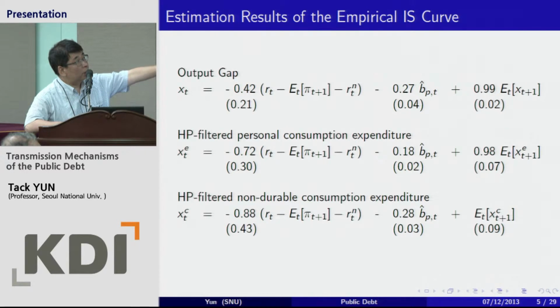And for non-durable consumption expenditure, in the second line, the coefficient is still negative. And the coefficient of the interest rate gap is also negative. So from this estimation result, I can see that the coefficient of the ratio of debt to GDP is consistently negative.